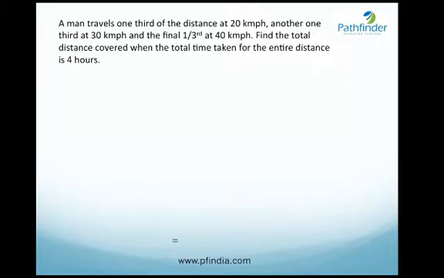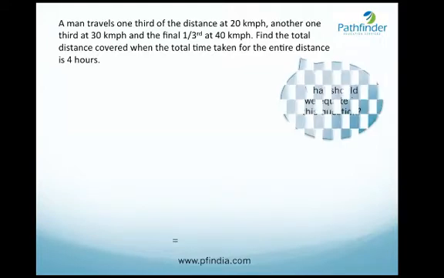A man travels one third of the distance at 20 km per hour, another one third at 30 km per hour, and the final one third at 40 km per hour. Find the total distance covered when the total time taken for the entire distance is 4 hours.